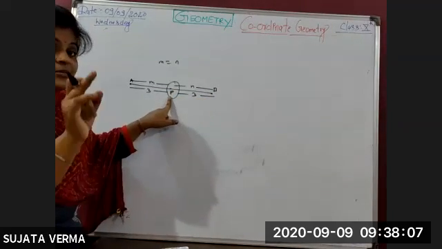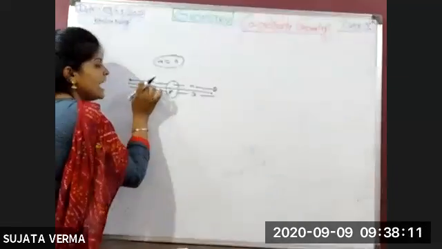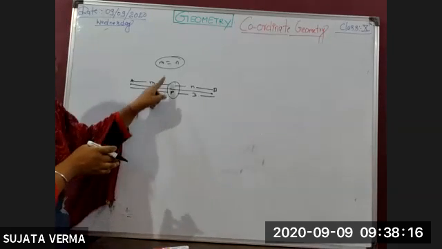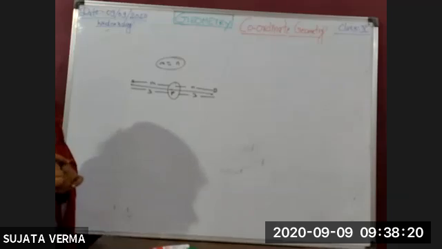When the ratio values of M and N are equal, we say that point P is the midpoint of the segment AB.